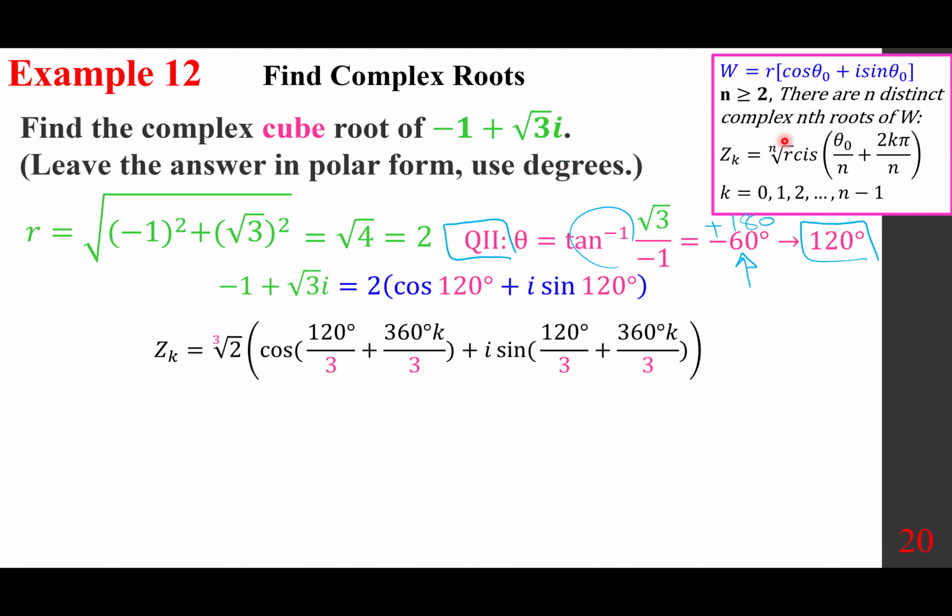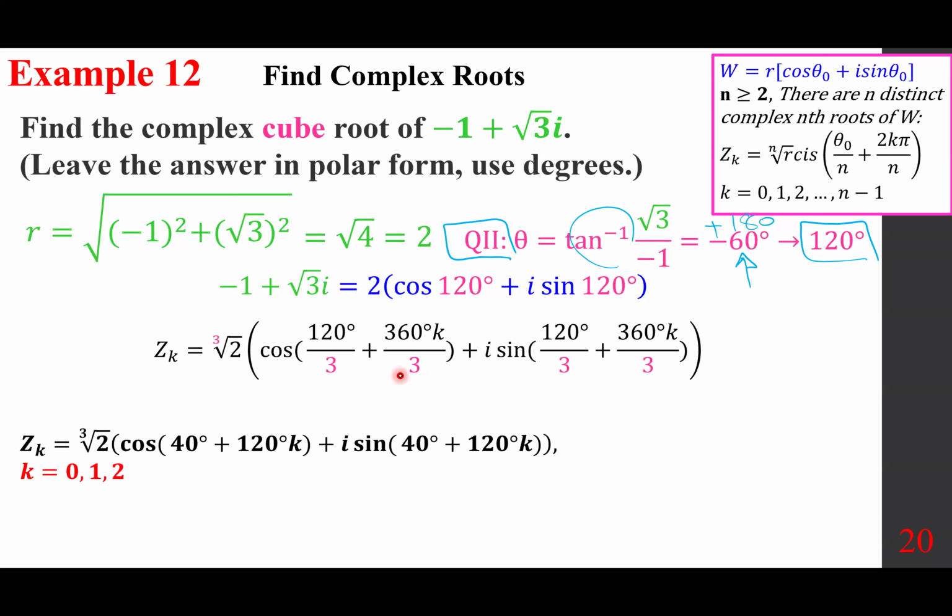So one more time, cube root of r, which is 2, and then you put theta 0 over n, and then add 2k pi or 360k divided by 3. So when we divide by 3, we get 40 here, we get 120k, and k can go from 0 all the way to n minus 1: 0, 1, 2, and it stops. Because again, if you use 3, 3 times 120 makes it 360.